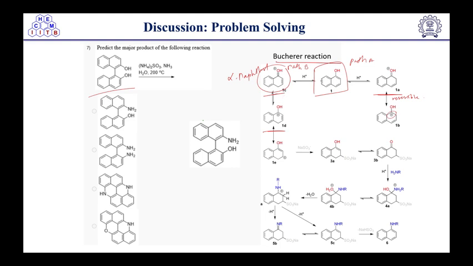Here you can see that when this bond is pushing here in acidic condition, this is going here, and a positive charge will generate over here. This is a resonance structure. So if it is on the alpha position, this is reversible.